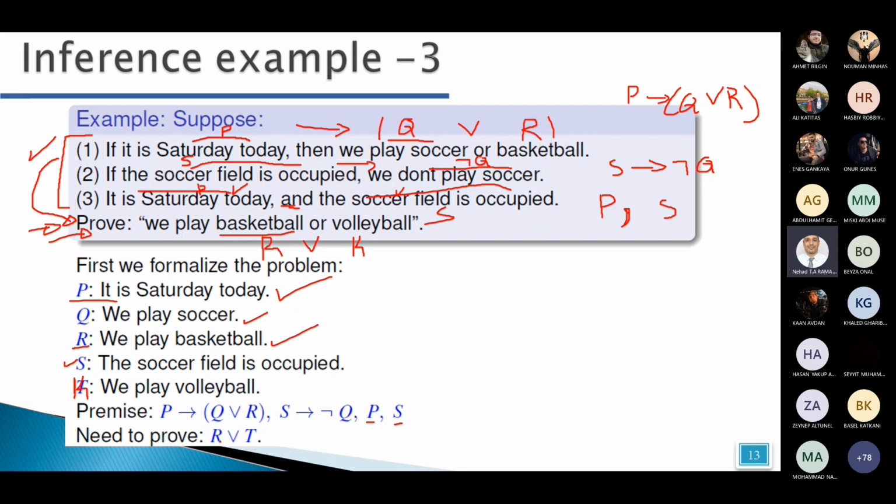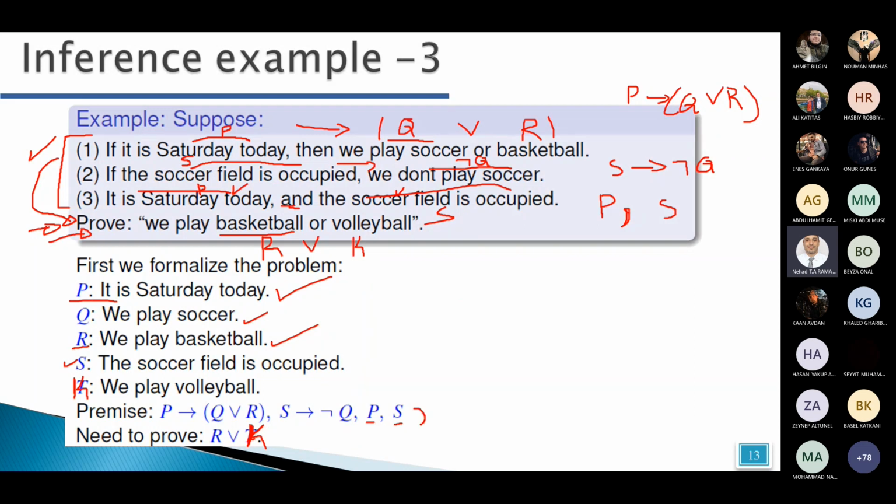We need to prove that R or K. I named volleyball as K, not T, because I would not like to confuse you between T as a proposition here, or T as true, because we usually use it as true, especially capital T.